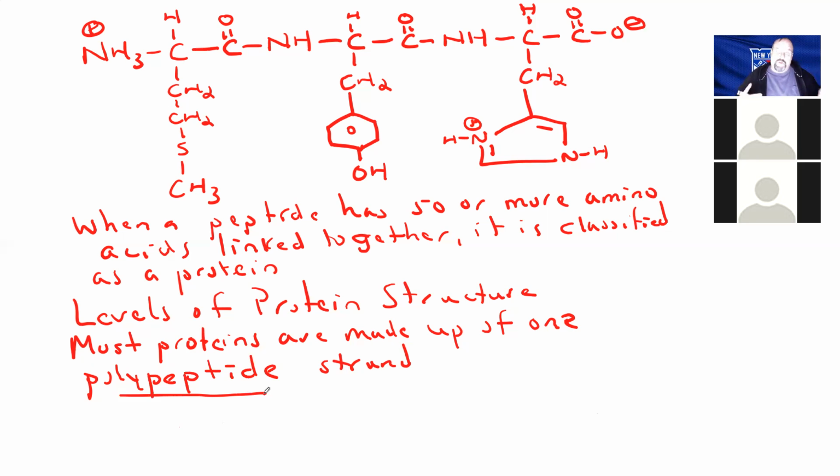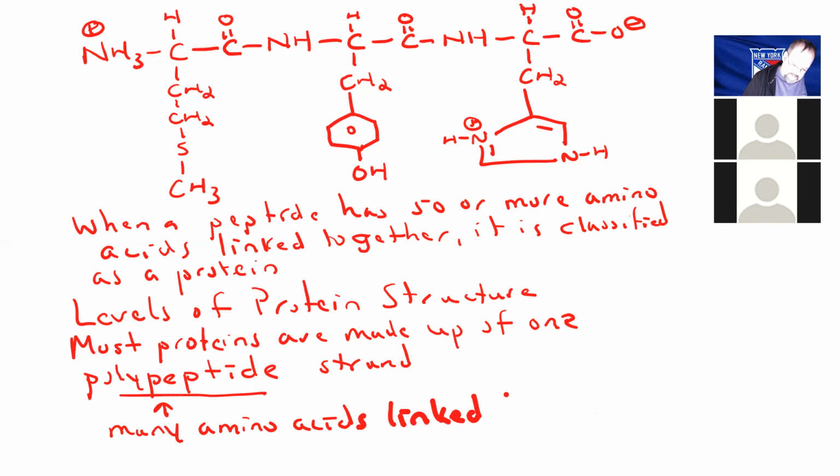And again, what I was trying to say is that it doesn't mean that if you have a protein that has multiple polypeptide strands, that you don't have the first two levels of protein structure. You would just apply them to each of those polypeptide strands individually. And when we say polypeptide, we mean many amino acids linked together.